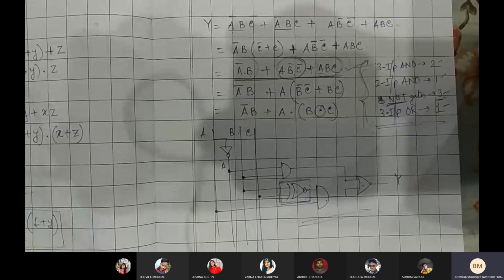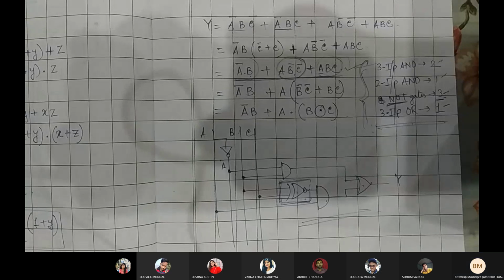There are a few reasons, and the reason is that we will be trying to make our designs with the help of universal gates. Why are universal gates so important? As I mentioned in my last class, it is about taking the same sort of things.